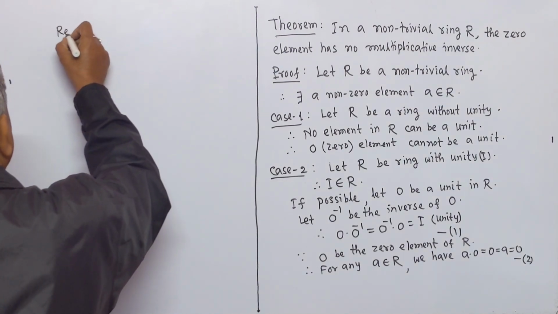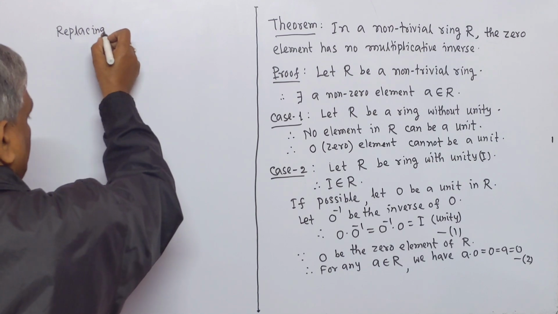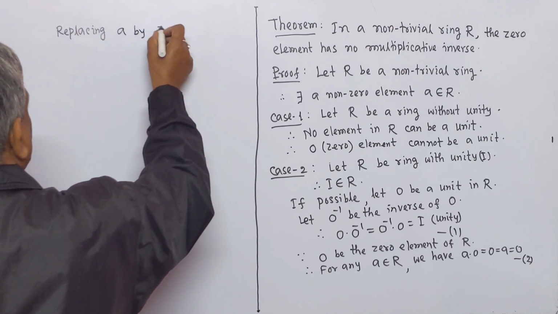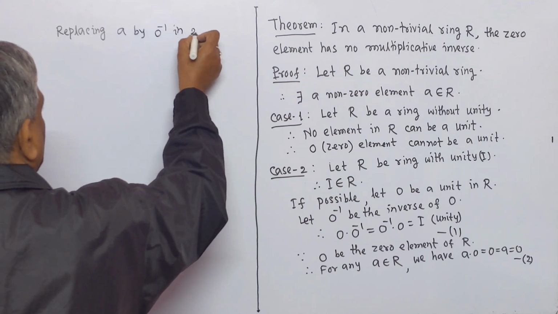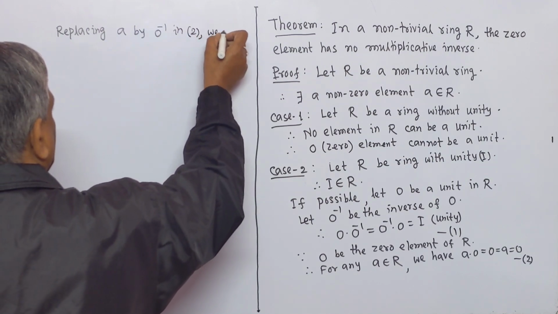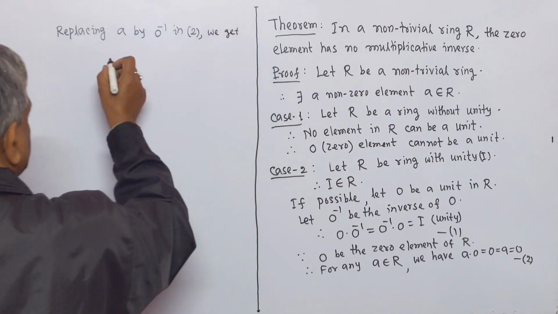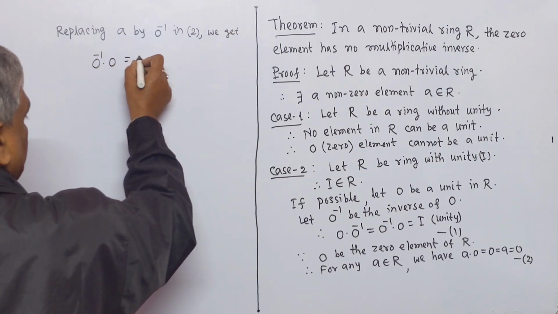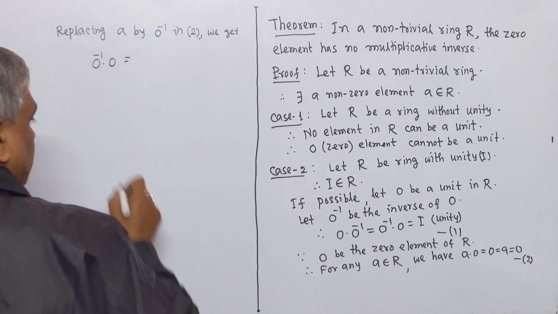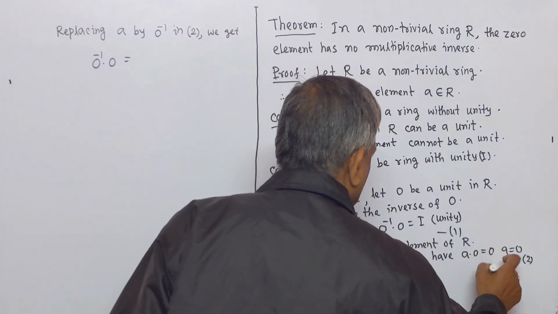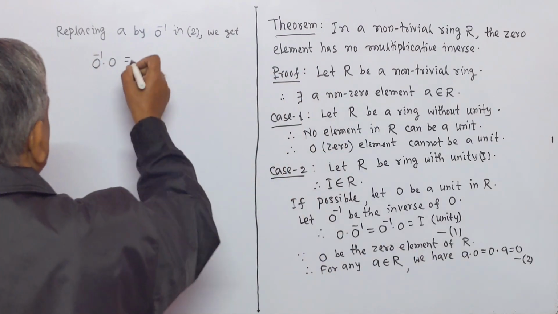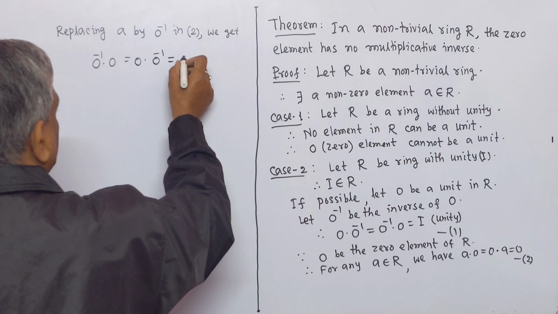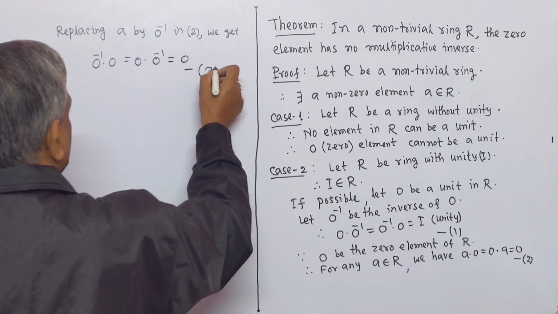Replacing A by 0 inverse in 2, we get 0 inverse multiply 0 equal to 0 multiply 0 inverse equal to 0. This is number 3.